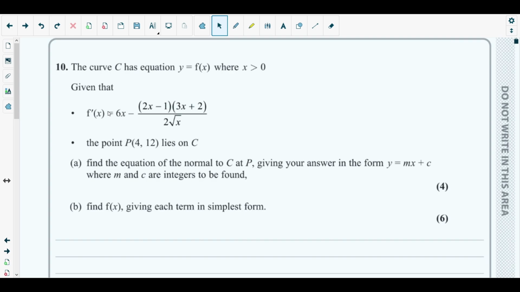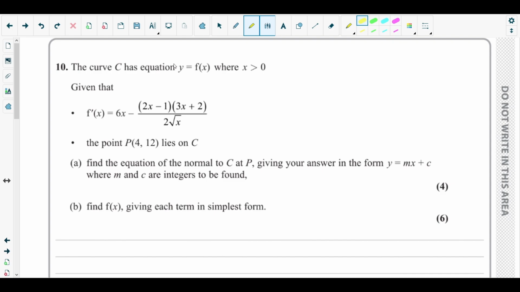In order to be able to solve this question, you should have practiced questions from these two chapters. So let's get started with question number 10.